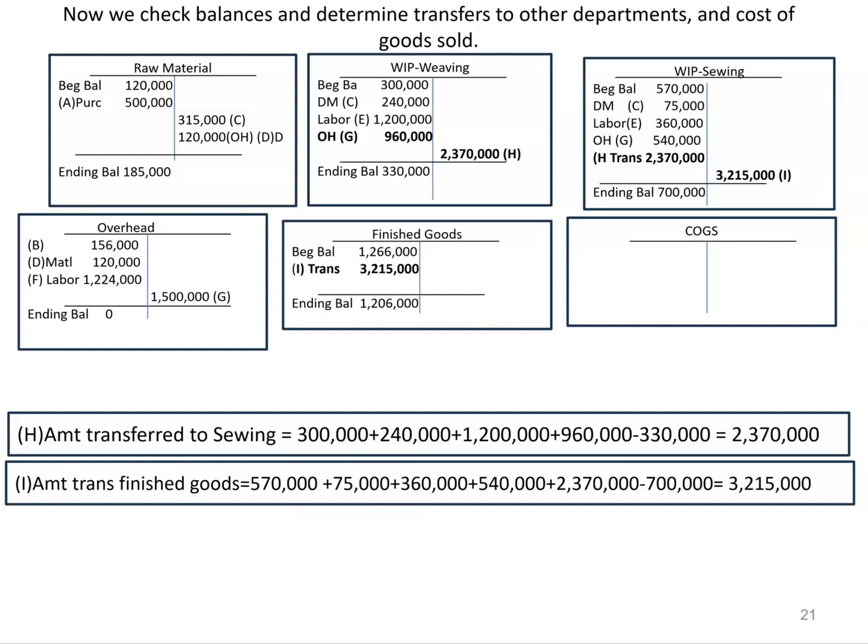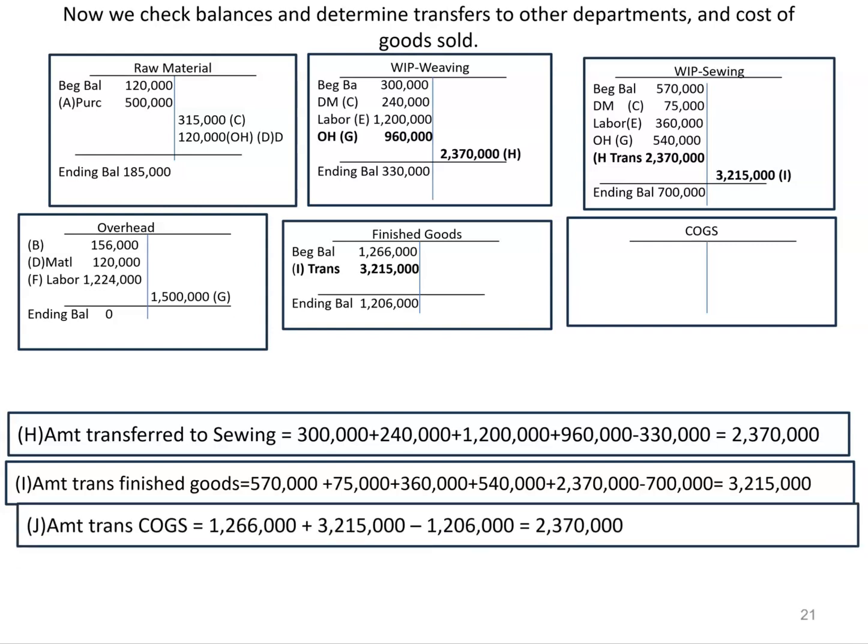Now we can determine how much went to cost of goods sold. We're going to take the $1,266,000 plus the transfer in from sewing minus the ending balance, and it tells us that we sold $2,370,000 worth of goods. That's going to go to cost of goods sold.